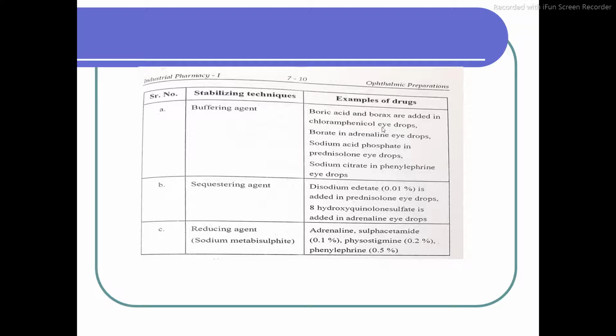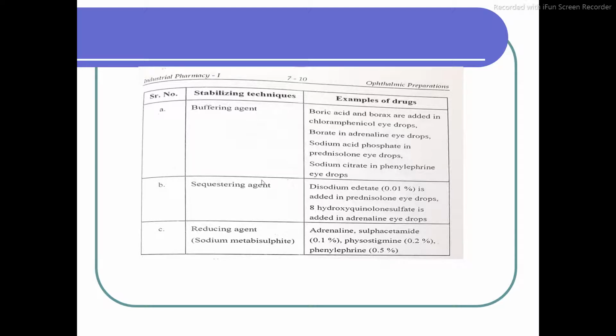These are added in chloramphenicol eye drop. So once you add this type of buffering agent like boric acid and borax, it will resist the change in pH of chloramphenicol eye drop. Second is the borate in adrenaline eye drop, sodium acid phosphate in prednisolone eye drop. So these are various examples of buffering agents used in various eye drops.